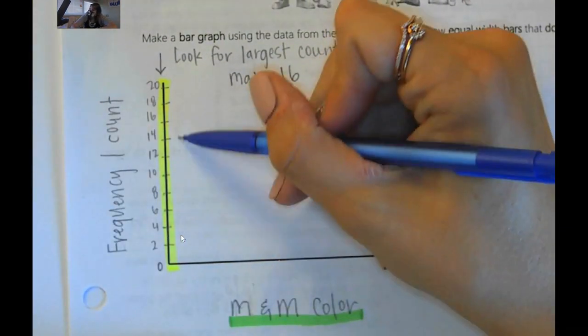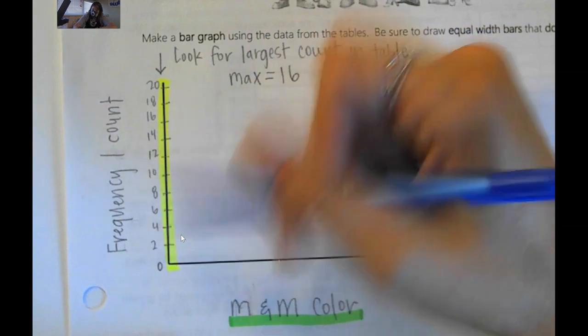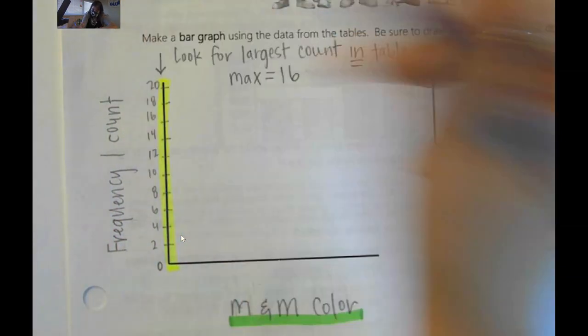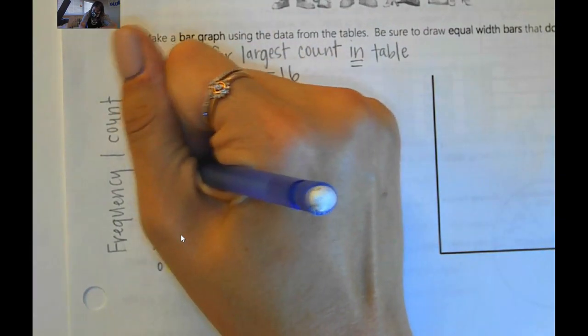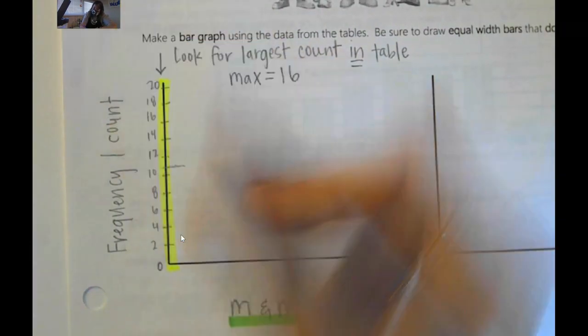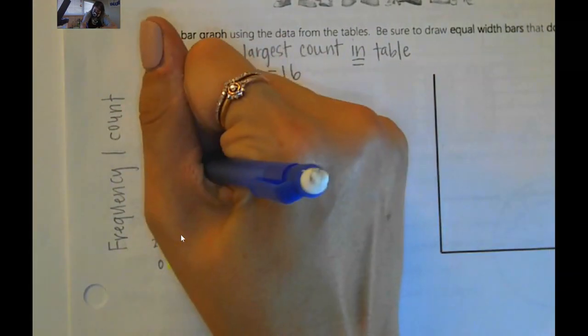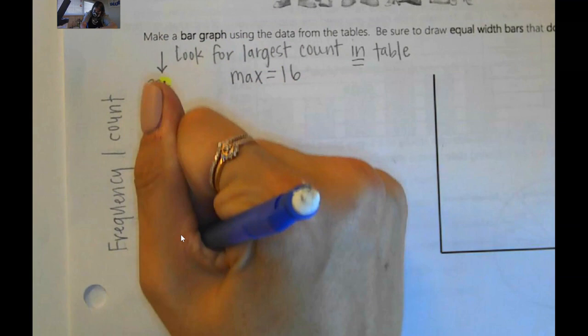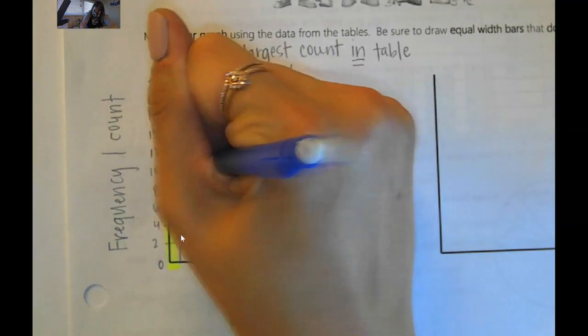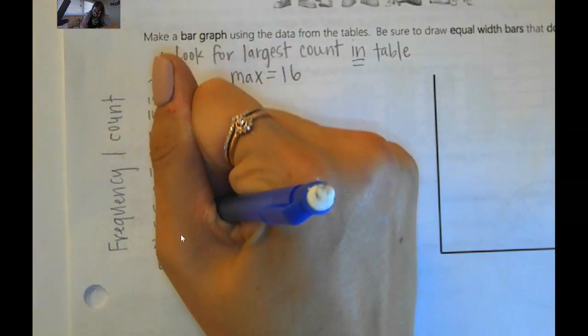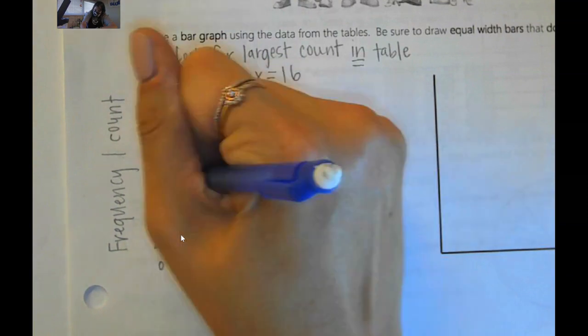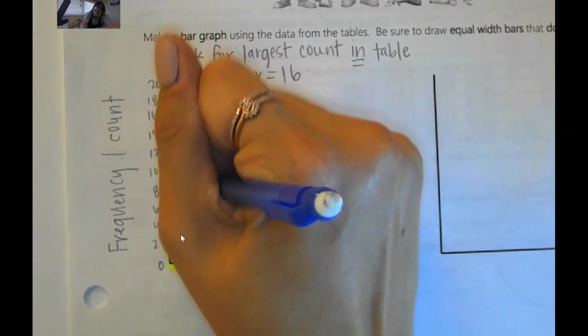I'm going to leave a little bit of space here, and then I'm going to start my first one. My first one is at 11. So I just go up to 11 and make a little mark. I'm going to keep my bars kind of thin so that I can fit them all in. Doesn't need to be perfect by any means.